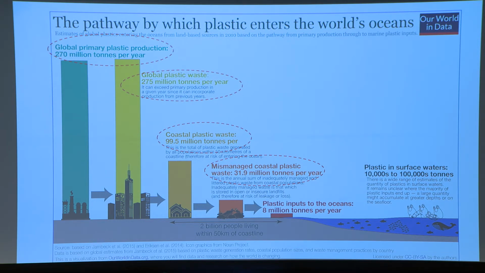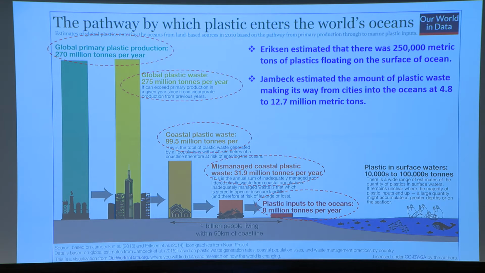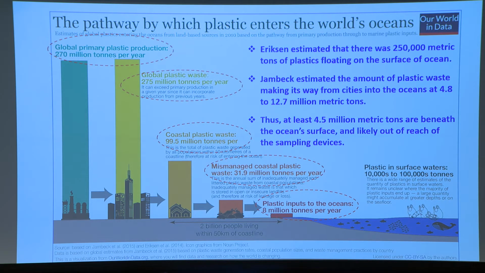So about 8 million tons of plastic end up in the ocean every year. Eriksen estimated that the surface waters contain about 250,000 metric tons. And Jambeck estimated there are about 4.8 to 12 million metric tons in the entire ocean coming from the city. So there are at least 4.5 million metric tons which are below the sampling devices, which we don't know anything about.